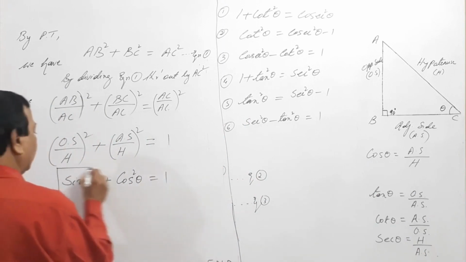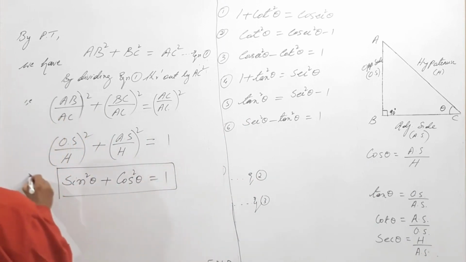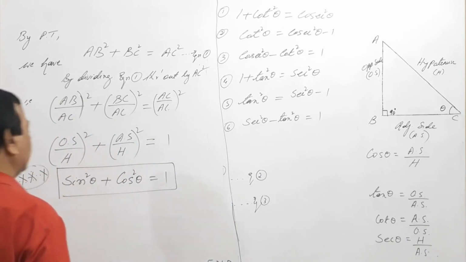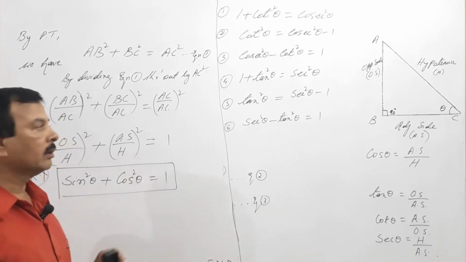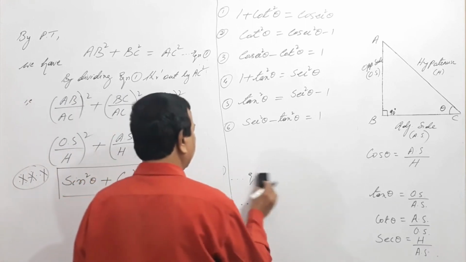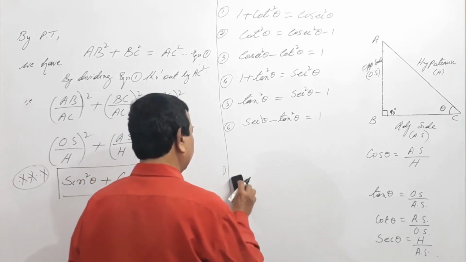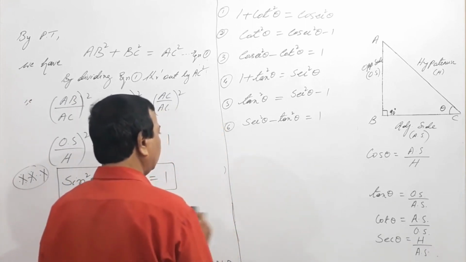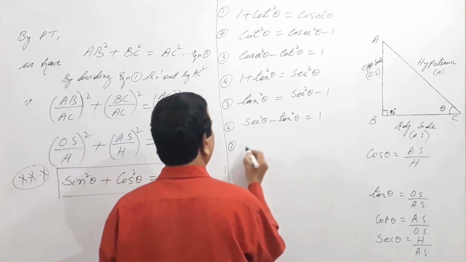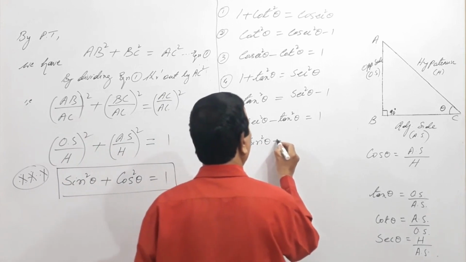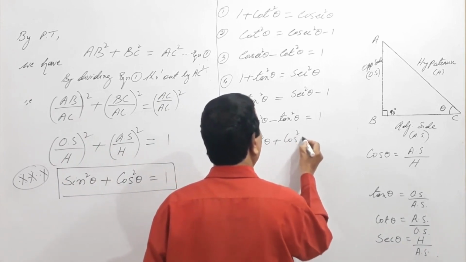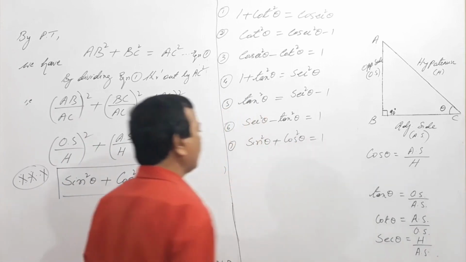So this is a very important relation. Sin square theta plus cos square theta equals to 1. This is the seventh one: sin square theta plus cos square theta equals to 1.